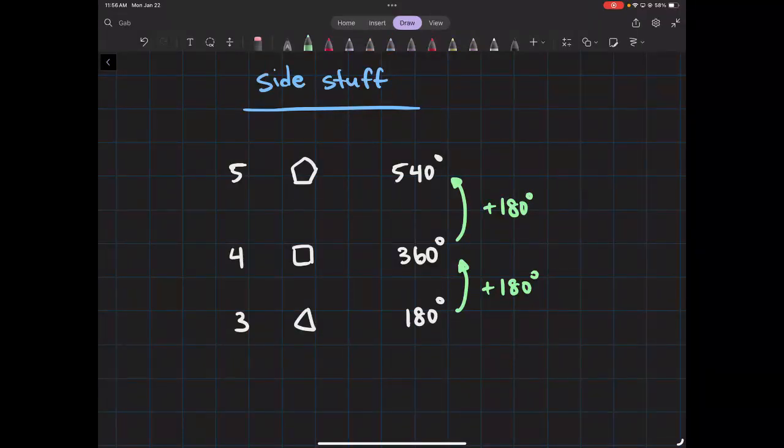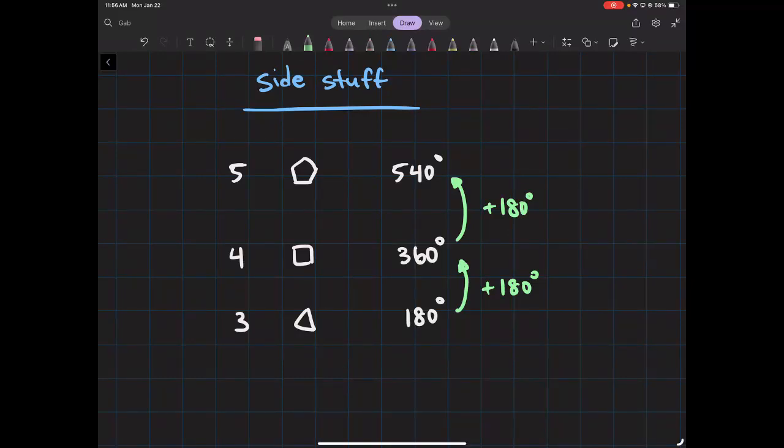So you're adding an additional side, and the consequence of adding that additional side is you're increasing the degree by 180. And what do you usually associate 180 degrees with? A triangle. So you can basically say that you're adding a triangle to every polygon. Okay?